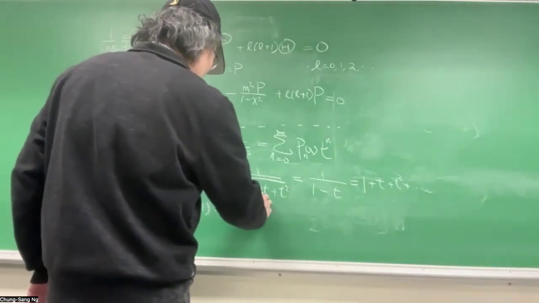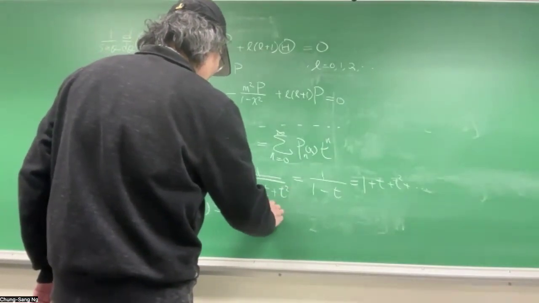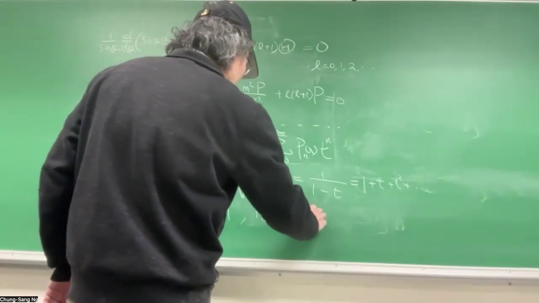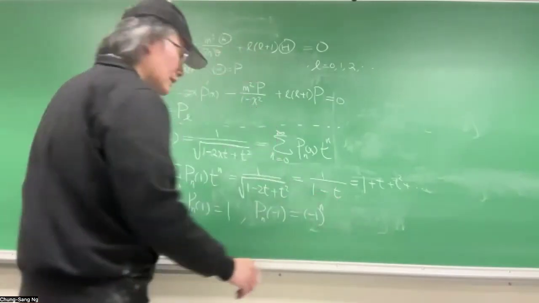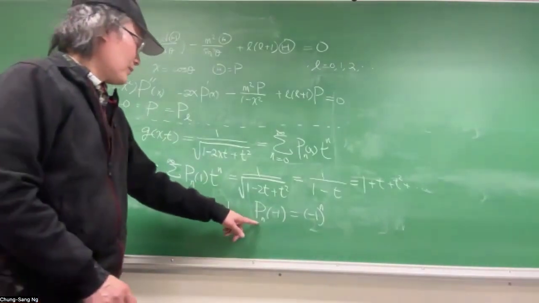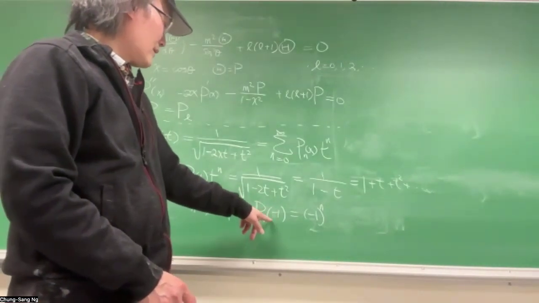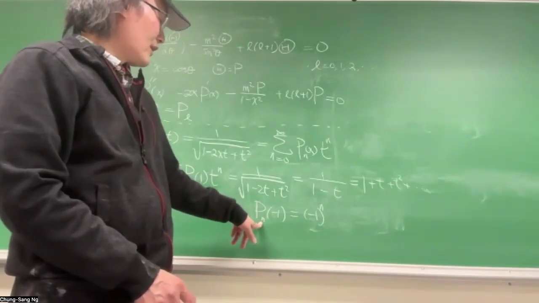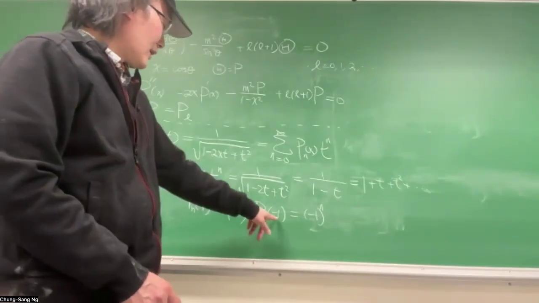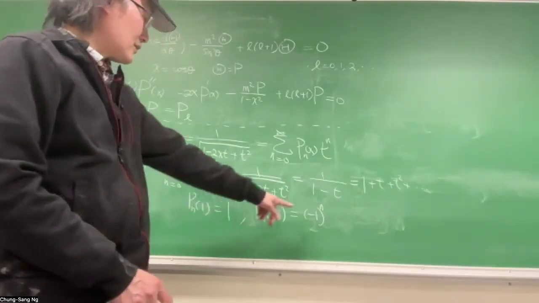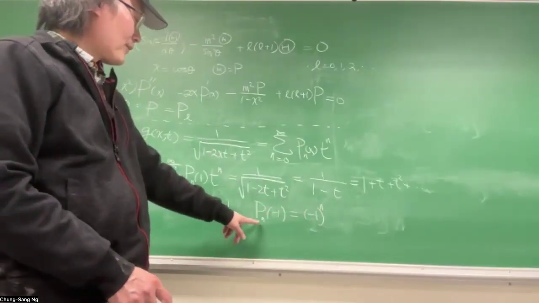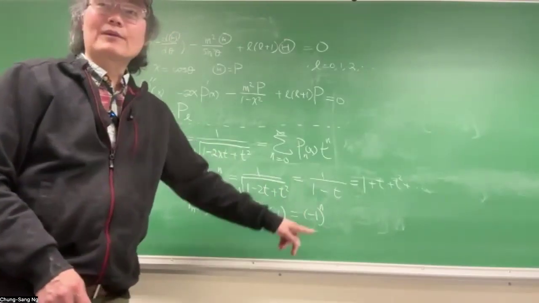So that automatically you see that P_n(-1) is equal to (-1)^n, right? Because P_n is an even function for even n, obviously -1 is the same as 1, so it equals 1. For odd n, it's an odd function, so it becomes -1.